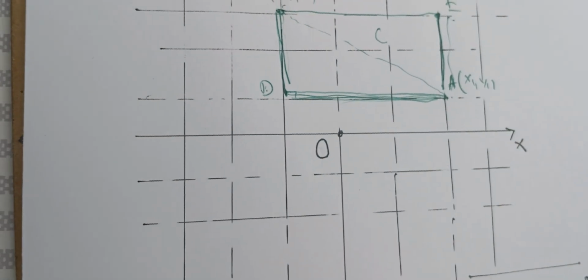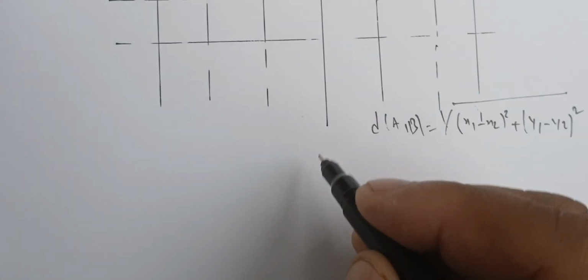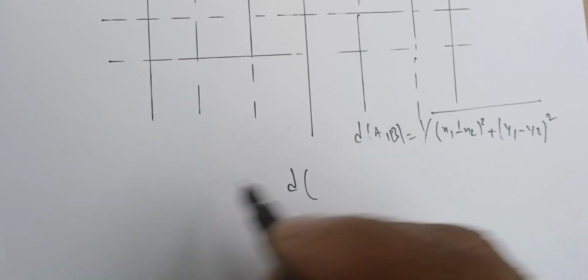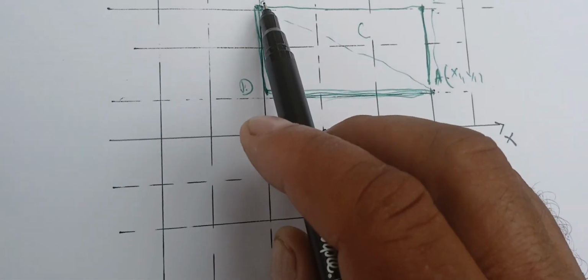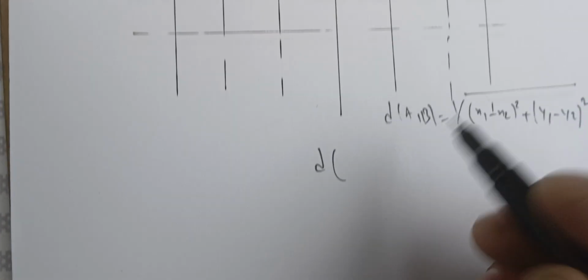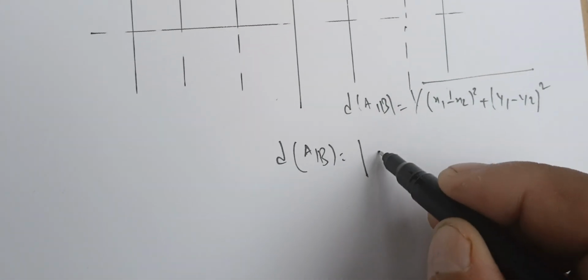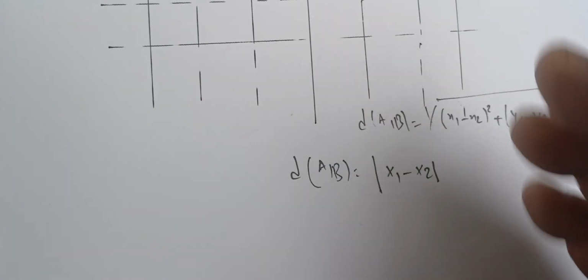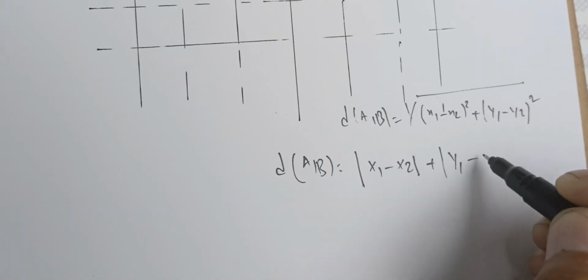And therefore we have the distance between points A and B, or any other points, given by, say, point A has coordinates x1, y1, and point B has coordinates x2, y2. So the distance between A and B is going to be the absolute value of x1 minus x2, or x2 minus x1, doesn't matter because of the absolute value, plus the absolute value of y1 minus y2.